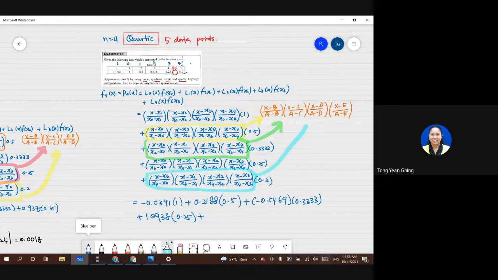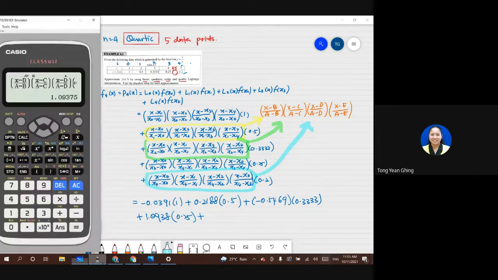Refer to this one, calculate again. x is still 4.5. Now a is x4, so x4 is 5. Sorry, b is x0, which is 1. Then a is x4, which is 5.